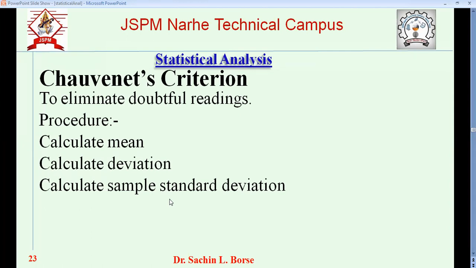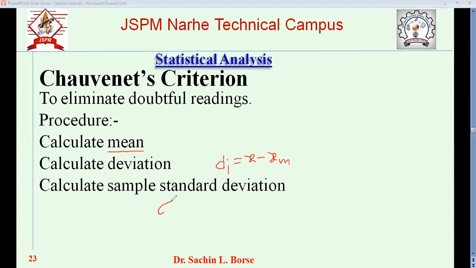So the criterion was given by Chauvenet, who gave one table. What we need to do is first calculate the mean. Then you calculate the deviation. Deviation is the difference of the given value from the mean, that is, x minus x mean.